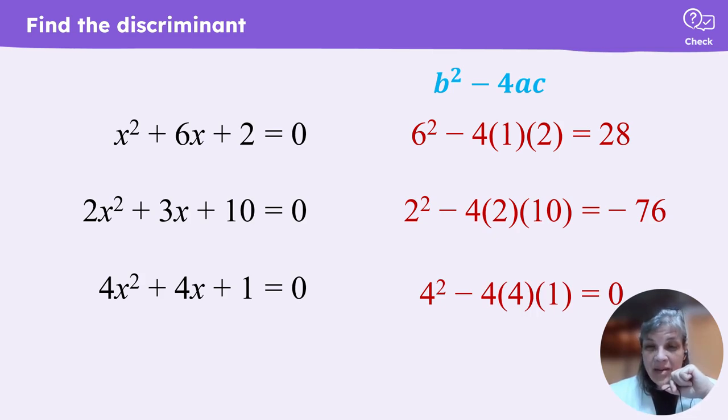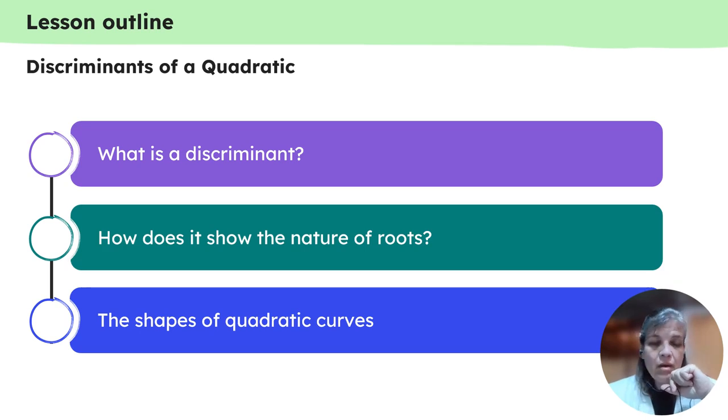So you can see here that there are different situations, different outcomes. Sometimes we get positive discriminants, sometimes we get negative discriminants, and sometimes we can end up getting a 0. You may recall this from when we did equations, but let's talk about what this then shows us.